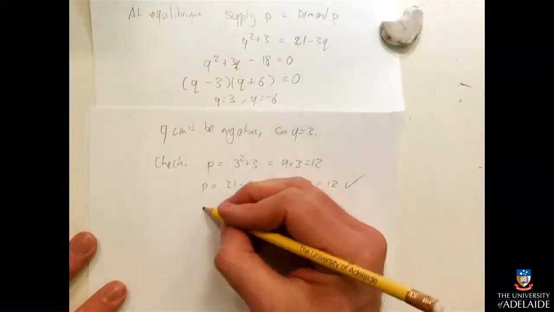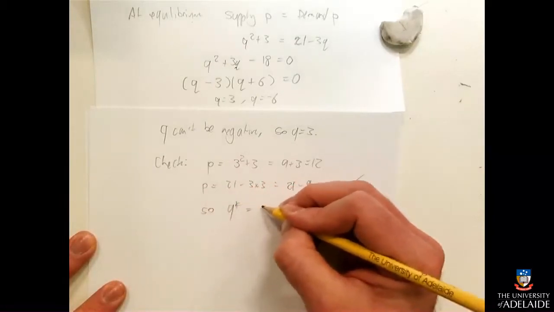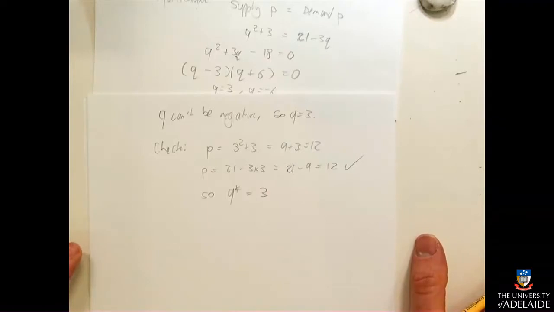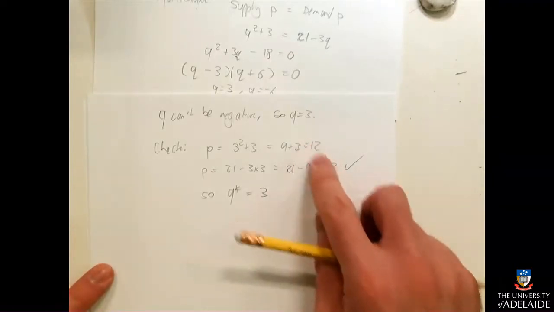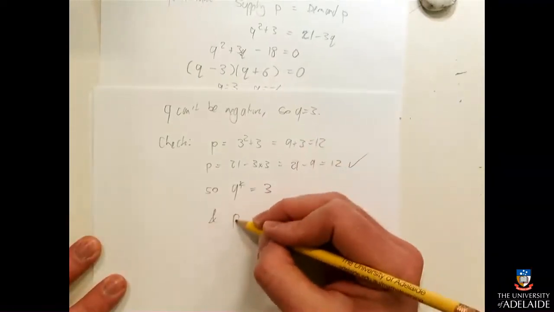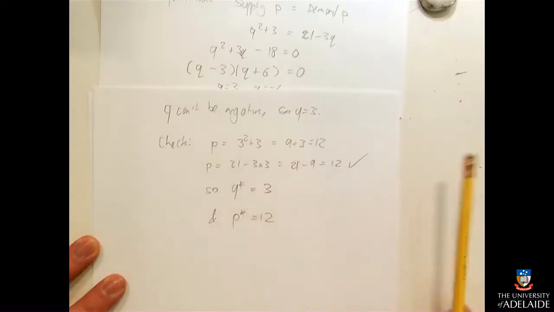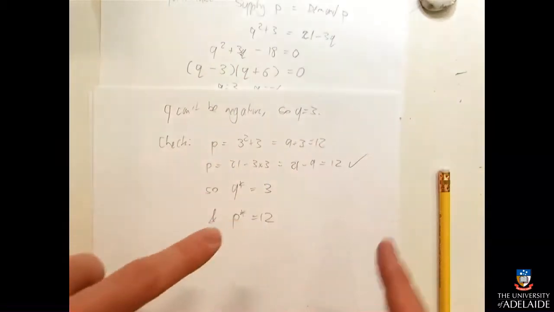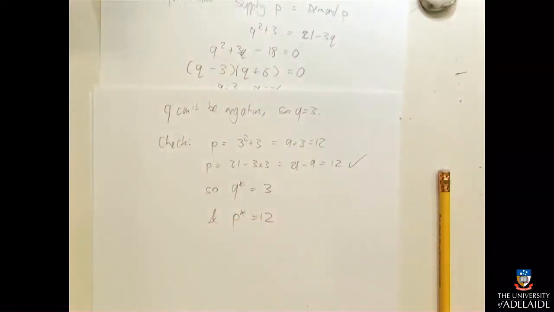So our Q star is indeed 3. And in fact, we've just figured out the matching price that goes with that Q. It's 12. Because we subbed the Q into the formulas and they both came out to 12, it's correct that they're at equilibrium, because the price is the same, and that price is 12.